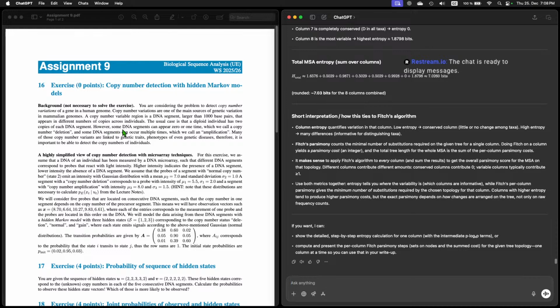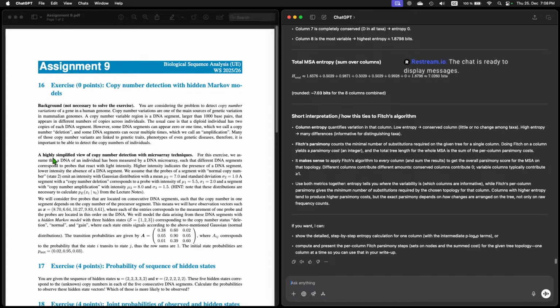However, some DNA segments can appear 0 or 1 time, which we call a copy number deletion, and some DNA segments can occur multiple times, which we call an amplification. Many of these copy number variations are linked to genetic traits, phenotypes or even genetic diseases. Therefore, it is important to be able to detect the copy number of individuals.